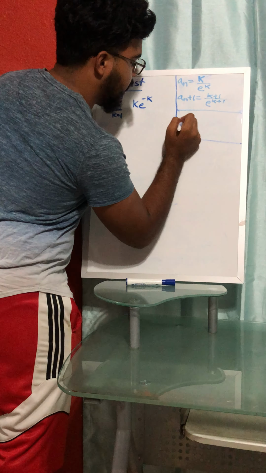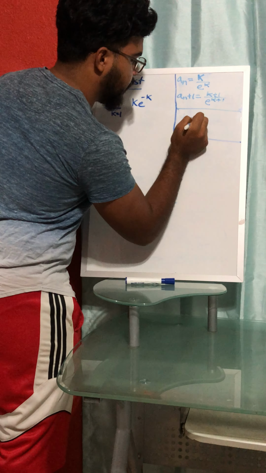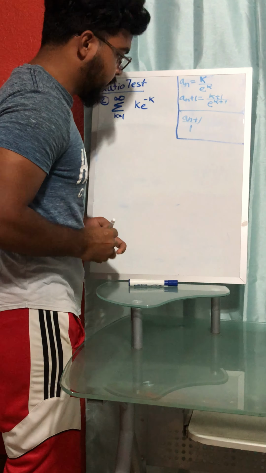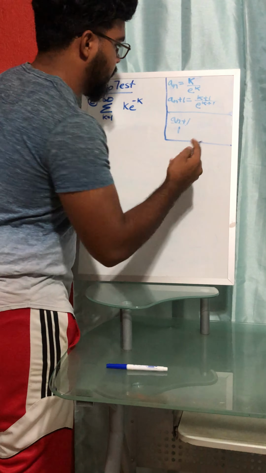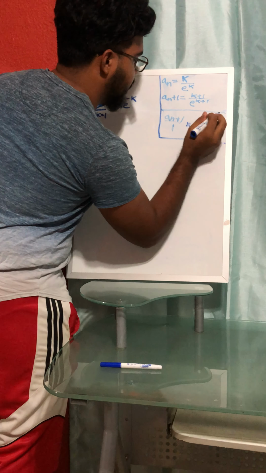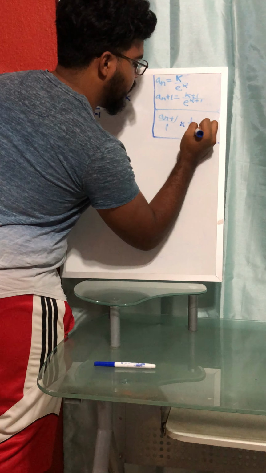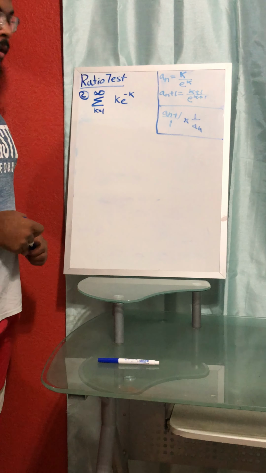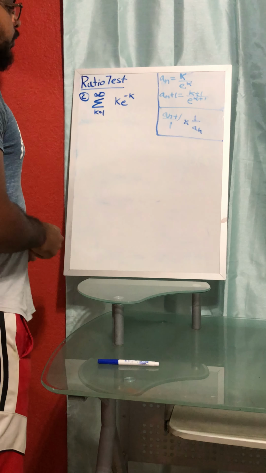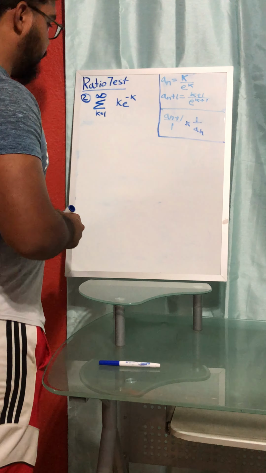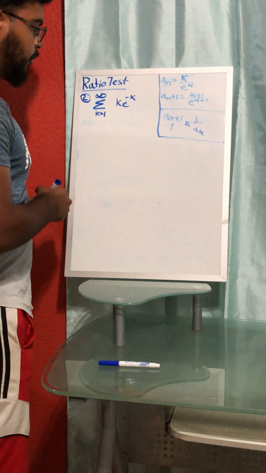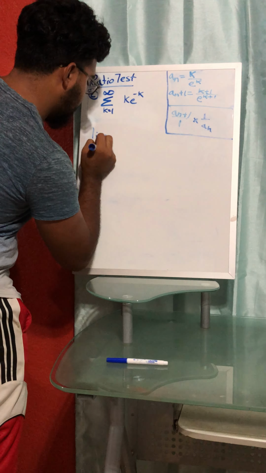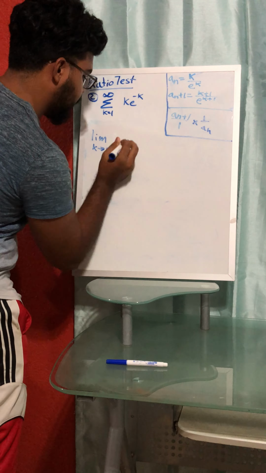This is a_(n+1) over 1 multiplied by 1 over a_n. That is the formula. So then we'll write this in the form of limits. It'll be the limit as k approaches infinity, right?